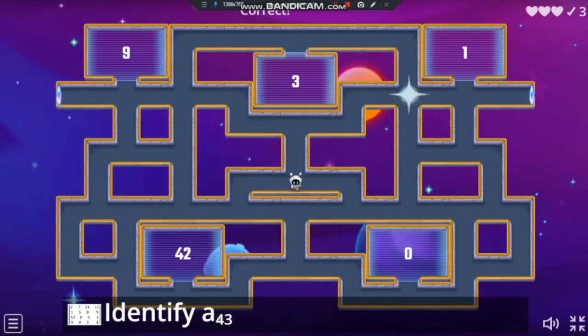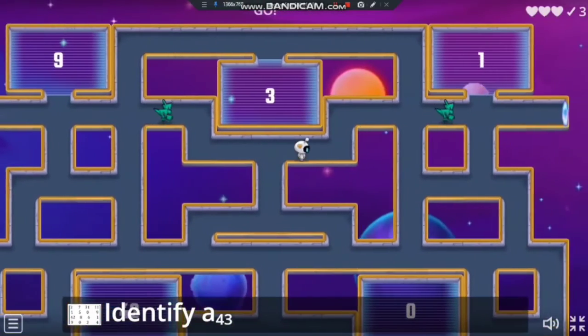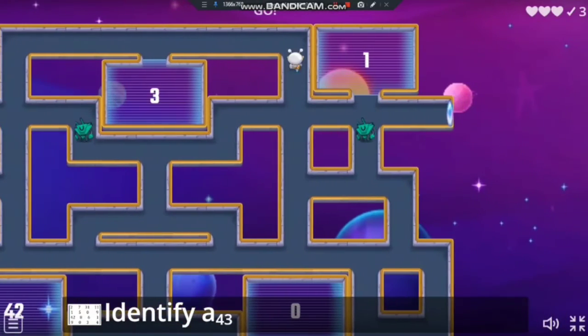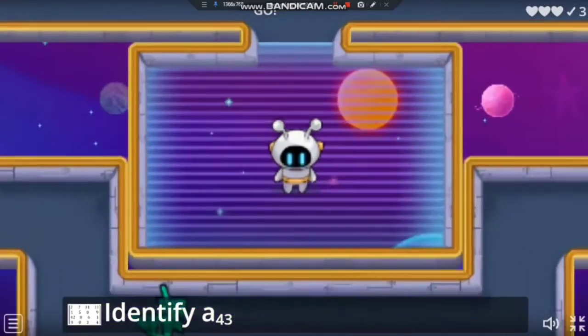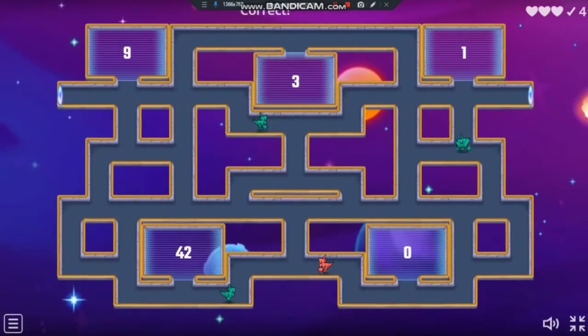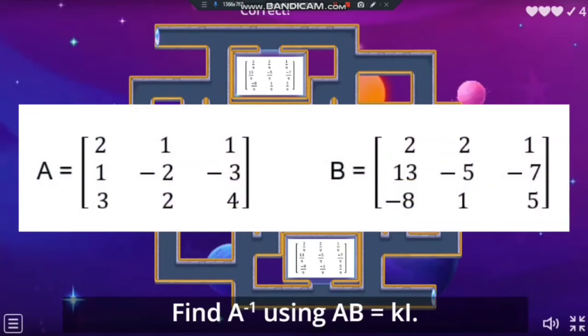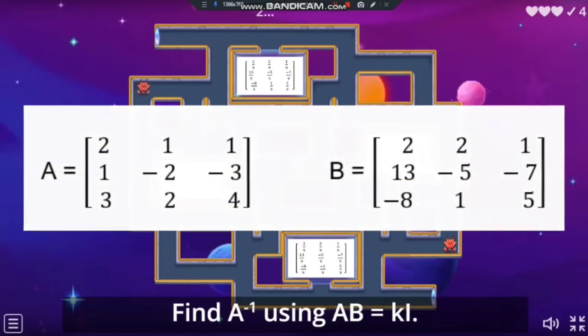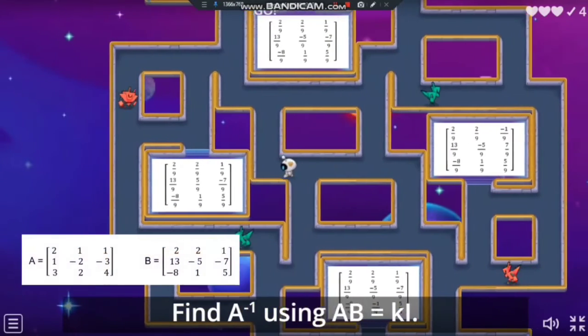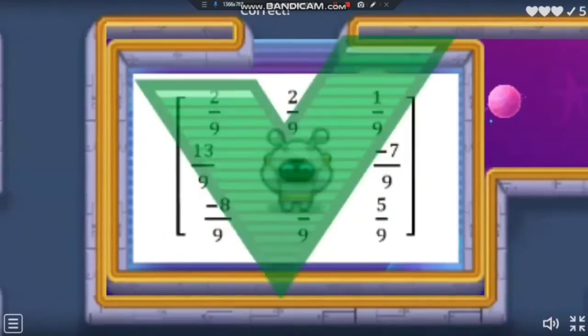Identify A43. Find it by looking at row number 4 and then column number 3. Find A inverse by using the formula AB equal to k identity. The value of k will be 9 and we can find the inverse of A.